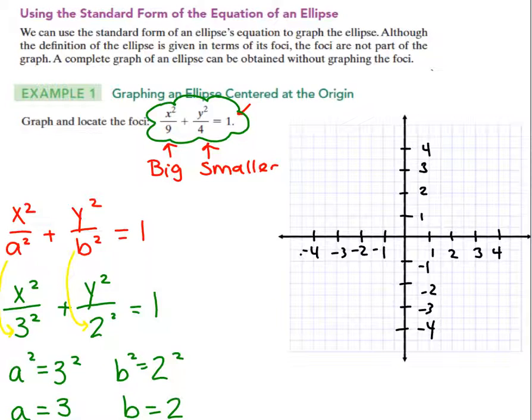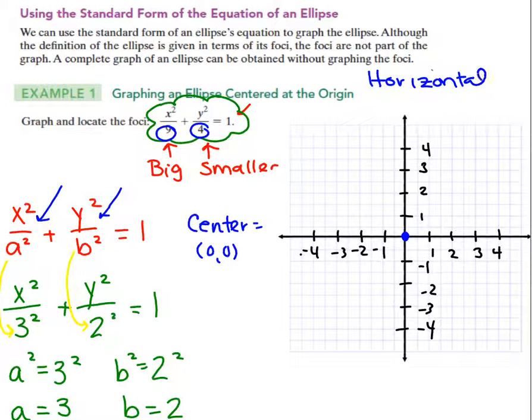So the center of our ellipse is at 0, 0. There is no H, there is no K. Since our A, this first number, was bigger than this one, our ellipse is going to be in a position on the major axes as horizontal.